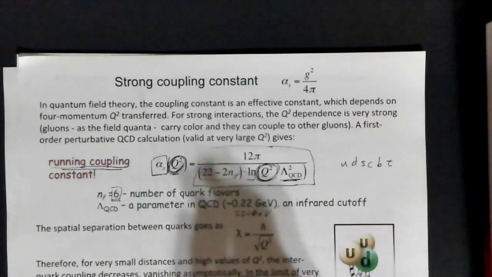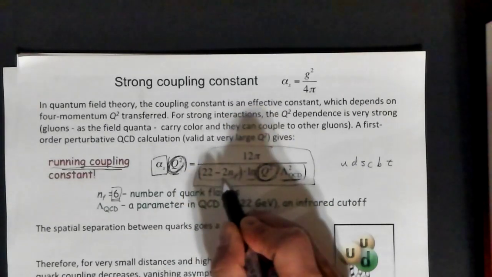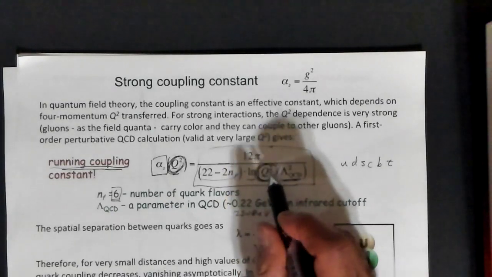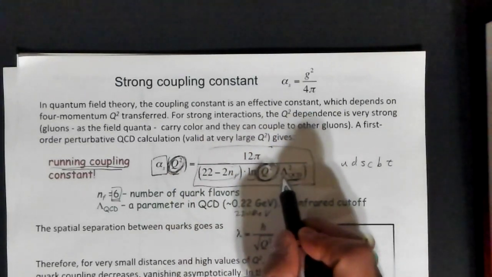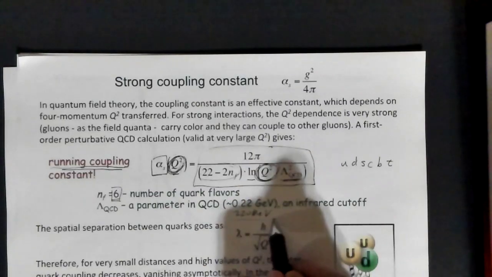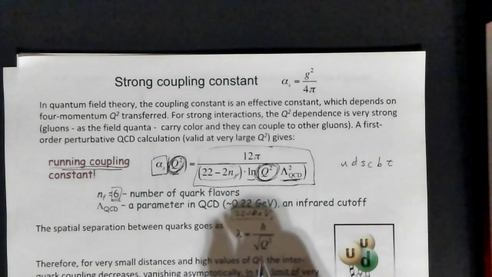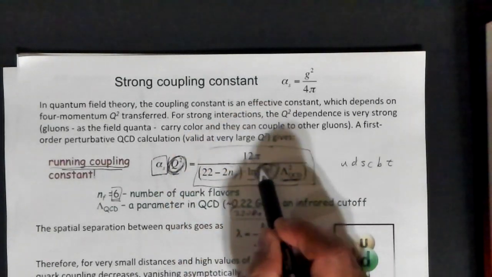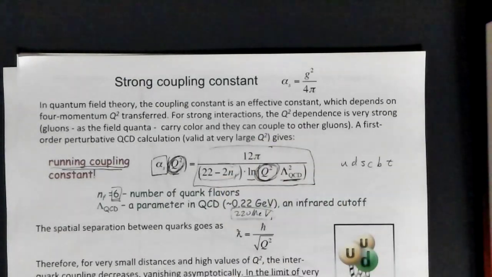So 22 minus 2 times 6 is 10, so there's a factor of 10 here, times the logarithm of Q squared, the 4-momentum transfer squared, over a fundamental scale called lambda QCD squared, which has a value of about 200 MeV, mega electron volts. Okay, so this coupling gets weaker as Q gets larger, but rather slowly, as a logarithmic function of Q.